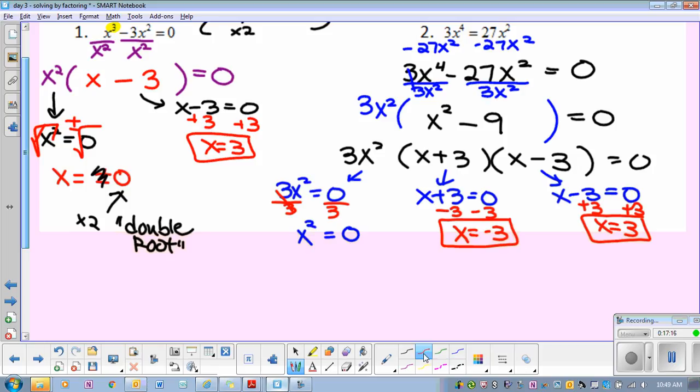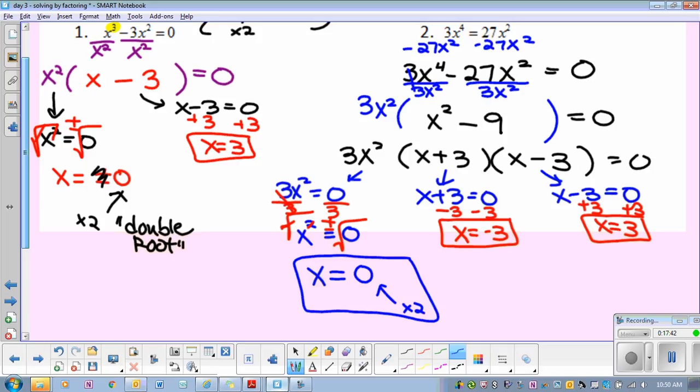I need the square root in order to get rid of the square, and square root comes with a plus or minus. And then x equals 0, but not plus or minus 0, right? We could just say 0 times how many? 2, because it came from a square. Okay?